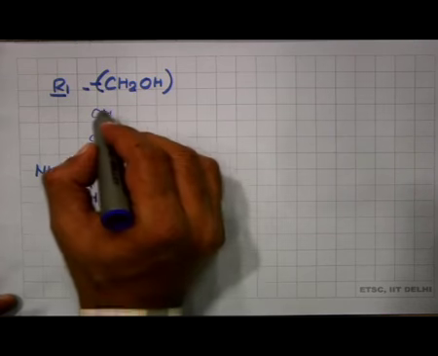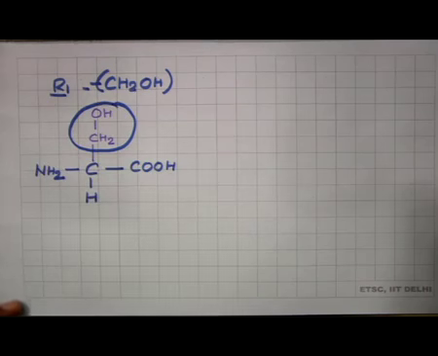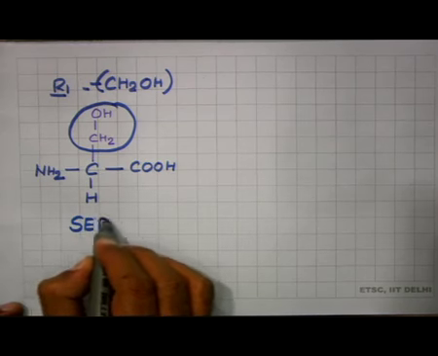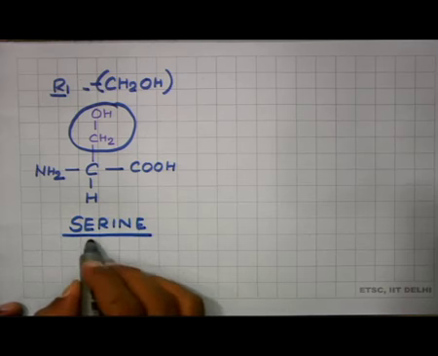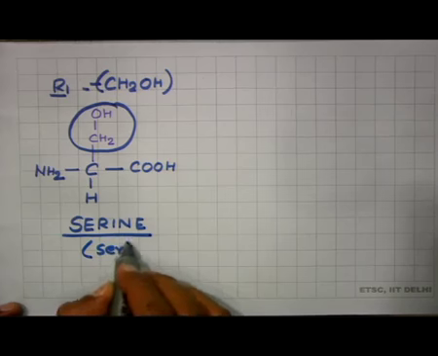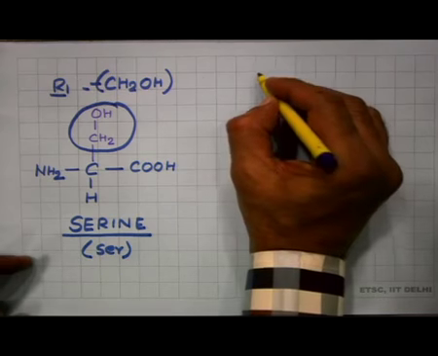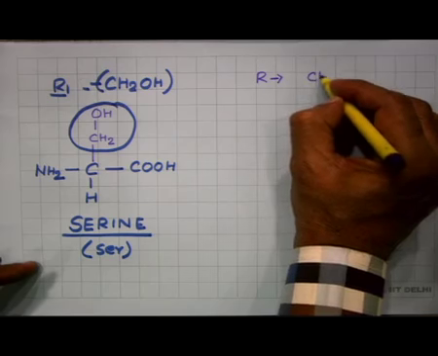So, if this R1 is replaced by CH2OH, then the amino acid is called serine, and its abbreviation is SER.